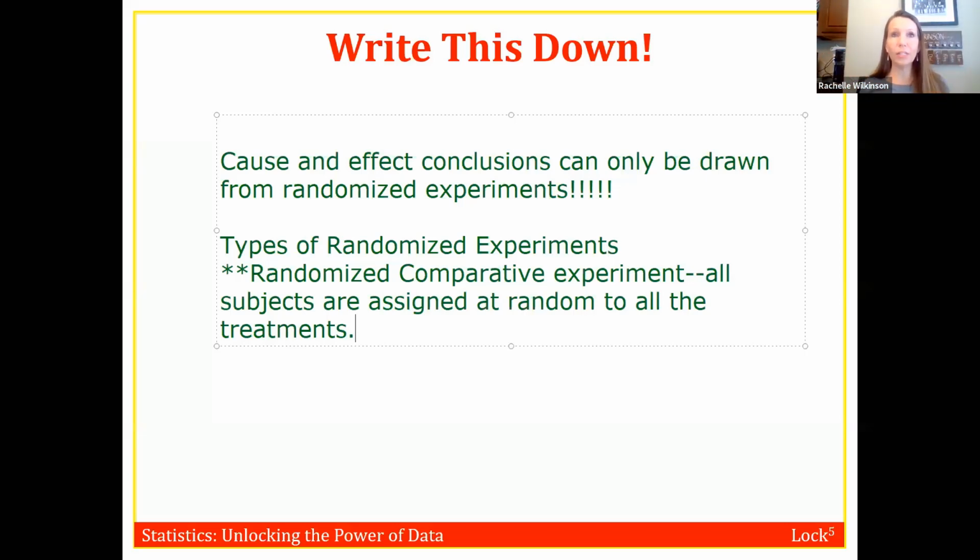As long as you're using a random method like a computer generator, you could also flip a coin if there's only two treatments, or roll a dice. So any truly random method to assign people to the treatments is great. But you're just taking everybody, randomly assigning everybody.